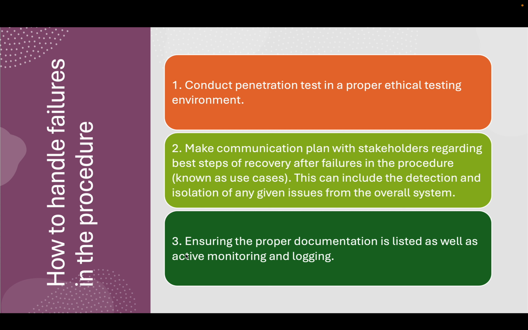If you need to detect anything more and isolate it from the other network, it would make it easier and it wouldn't slow down operations. Lastly, ensuring proper documentation and logging is essential, because you can use these as reference guides to see how to handle any of these failures in the procedure. So that's a little disclaimer of how we do that.